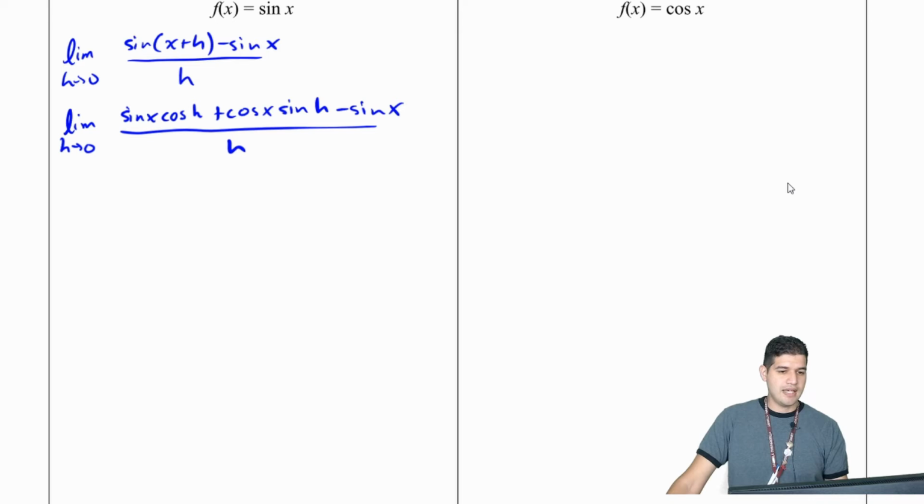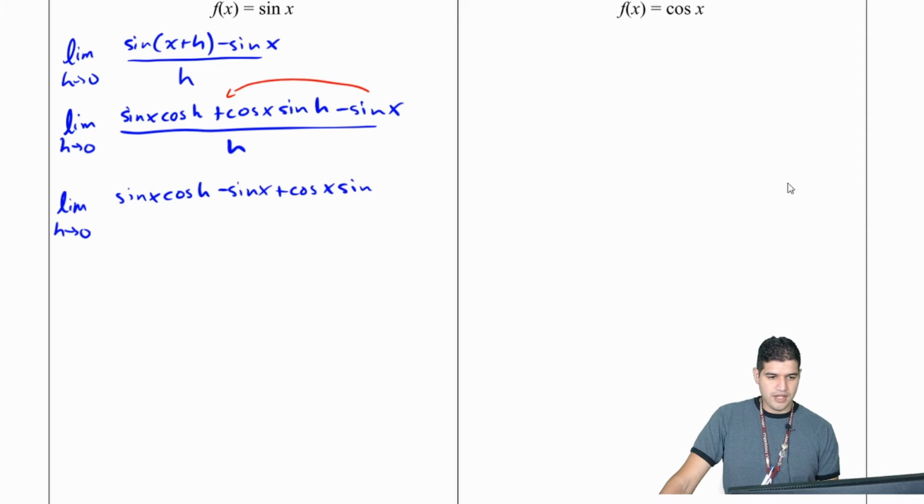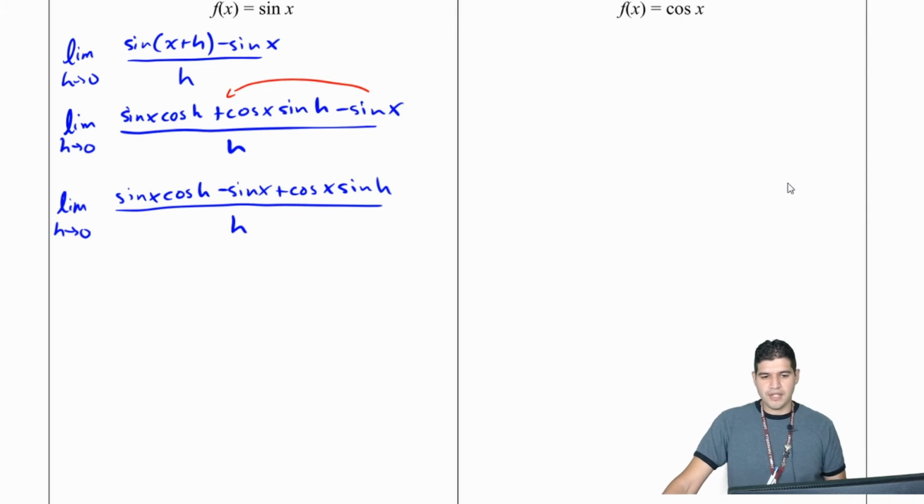I'm going to move this sine of x over to the left, because I want to combine it with the sine of x in that first term. So the limit as h approaches 0, sine of x cosine h minus sine of x plus cosine x sine of h all over h. Really just using the commutative property there.